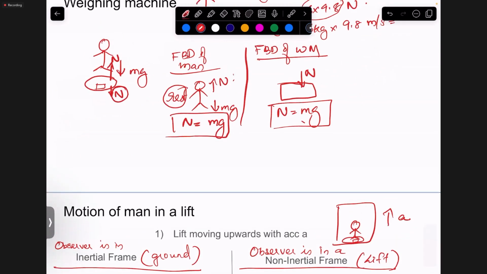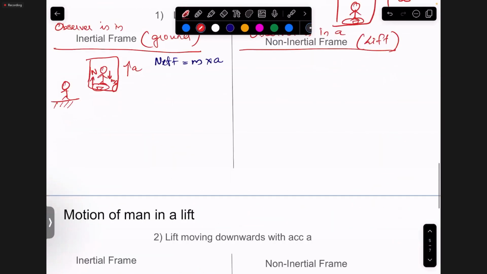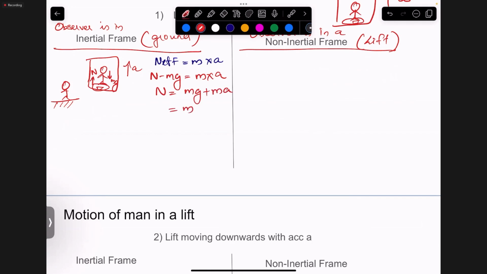N minus mg will be coming. N is acting upwards, mg is acting downwards. So N minus mg equals m times A. So N equals mg plus ma, that is N equals m times (g plus A).